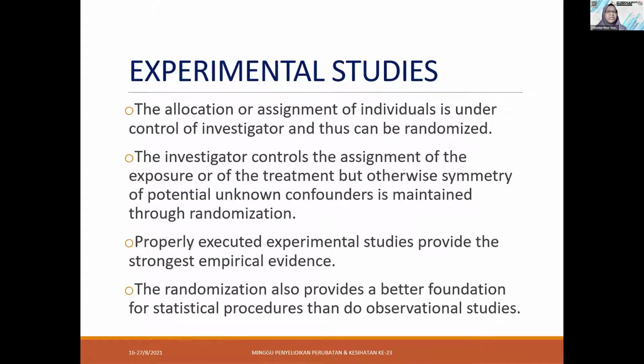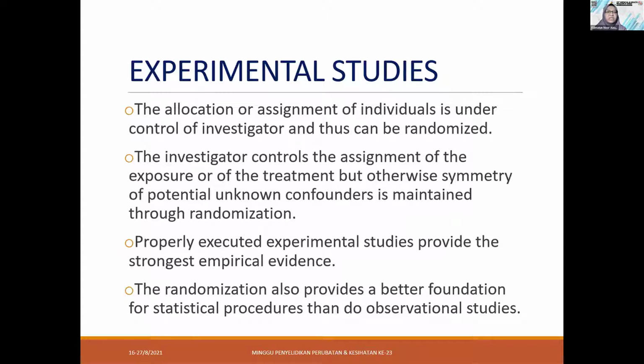Next is experimental studies. This is quite common among clinicians, who do experimental or interventional studies. The allocation or assignment of individuals is under the control of the investigator and thus can be randomized. So the investigator controls the assignment of the exposure or the treatment, and symmetry of potential unknown confounders is maintained through the randomization.